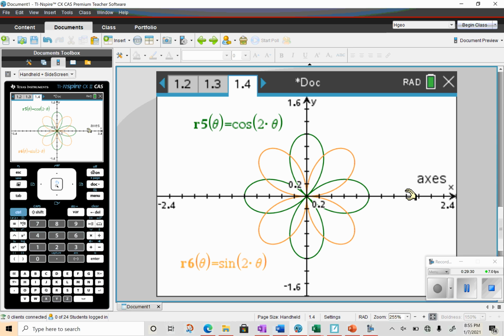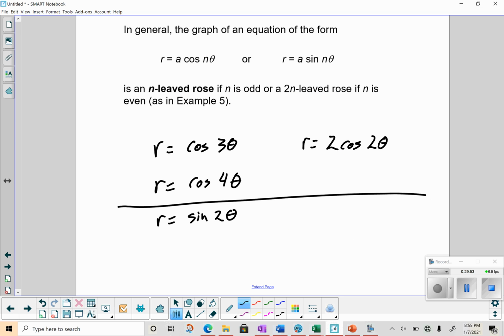For the sine function here, for the roses, the leaves are centered on the pi over 4 multiples. Okay, so it's in between the leaves for the cosine function. All right, so I'm hoping all that makes sense.